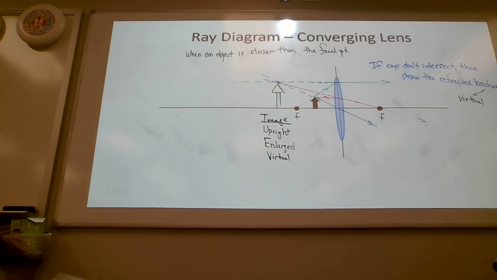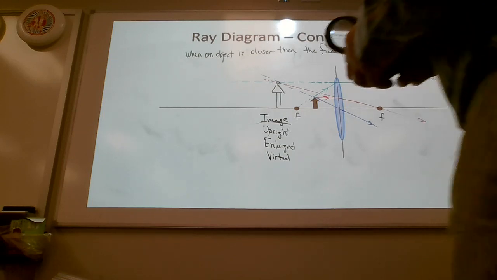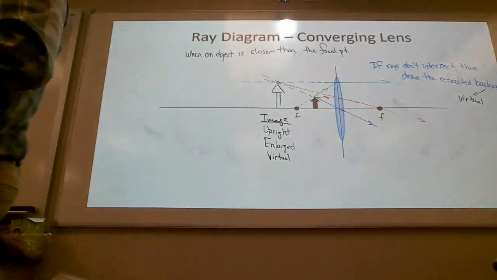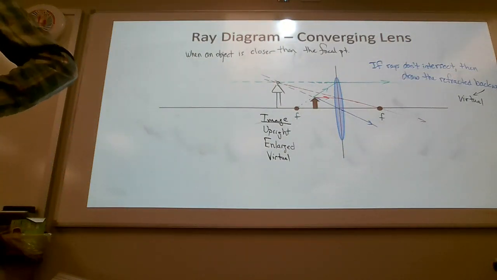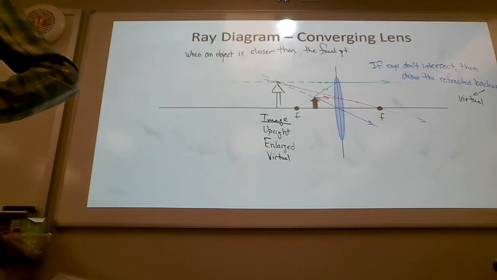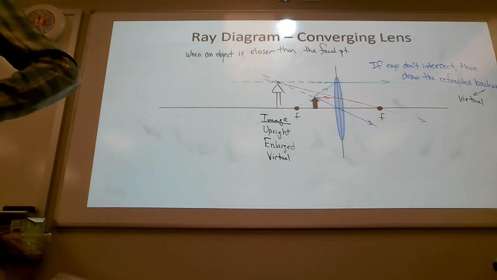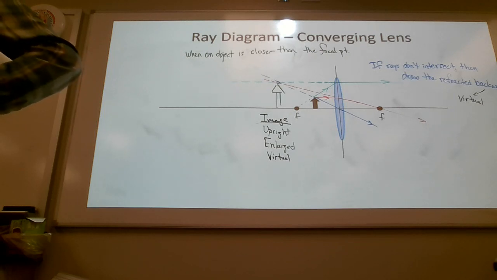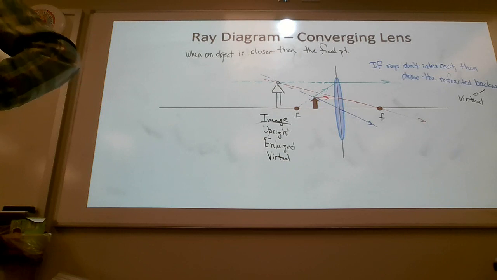All right, so if you look at this, winking with one eye and look at something far away, how do you describe the image?